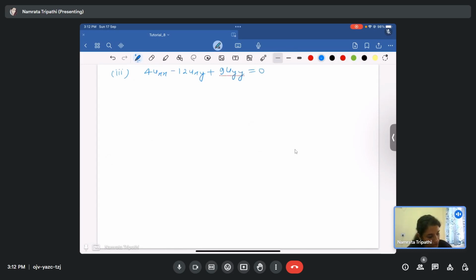So B square minus 4ac, this will also be 144, so the expression becomes 0.